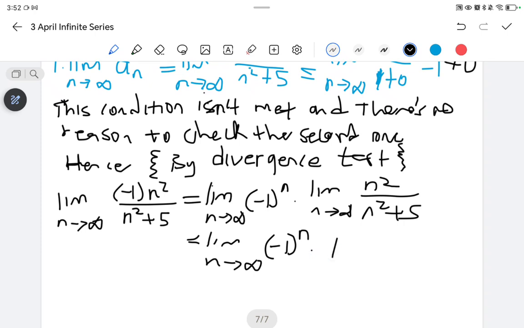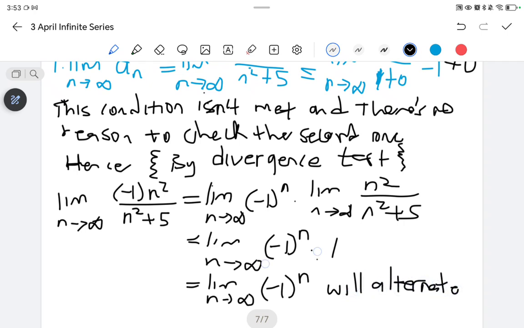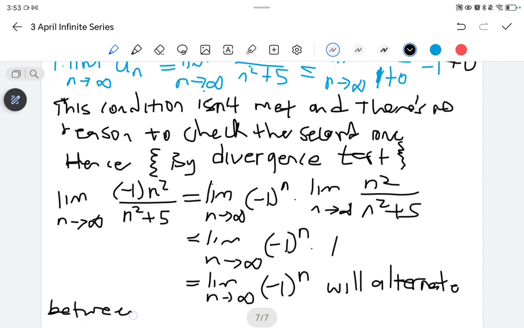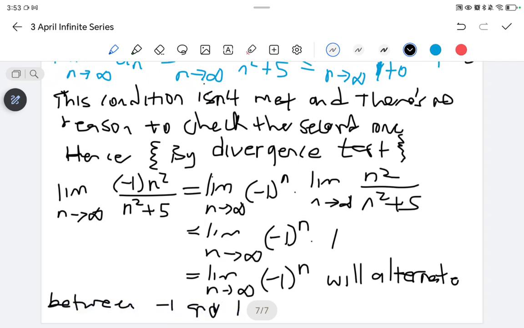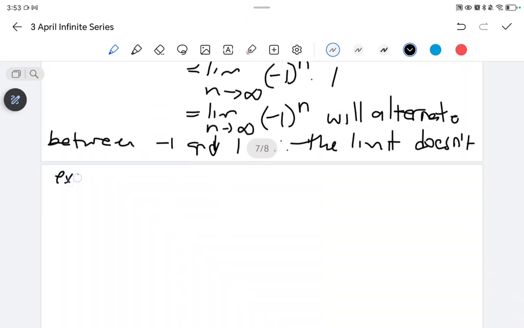Now for this one, the limit as n approaches infinity of minus 1 to the n will alternate between minus 1 and 1. Therefore, the limit doesn't exist.